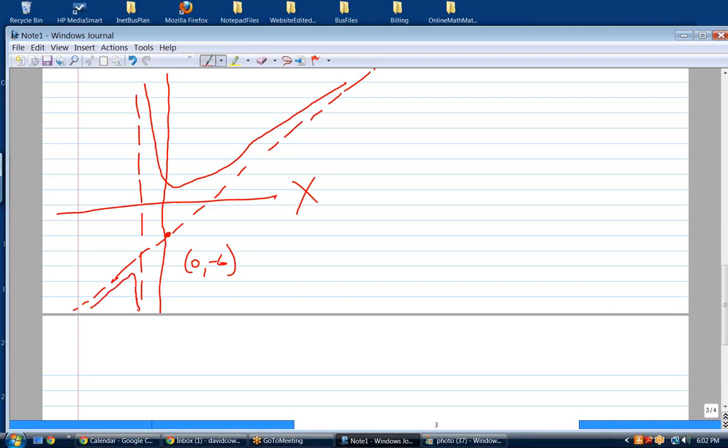The problem is the range. There's a range, but in order to figure out the range, we need to know this maximum and this minimum, because it does not attain a value in between. The range would be negative infinity to this value, and then this value to positive infinity. The problem is that finding this value is not the easiest thing in the world.